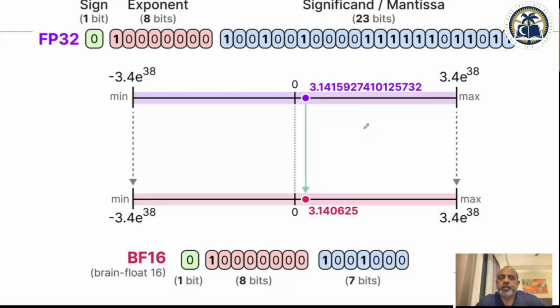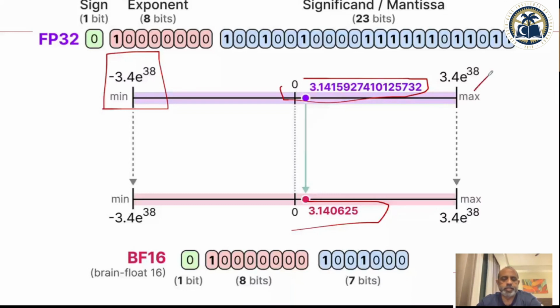Here you have more precision, here you have less precision. The other difference is the minimum and maximum value you can represent, because of the exponent: about minus 3.8 and plus 3.8, e raised to the power 38.